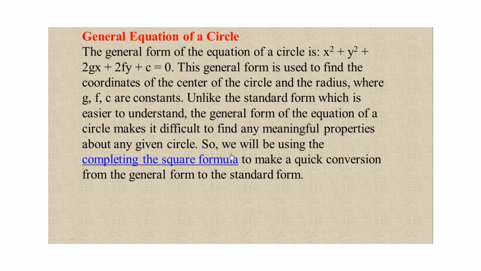Here is the form of the general equation: x squared plus y squared plus 2gx plus 2fy plus c equals 0. To get the center and radius, we should convert this general equation to a standard equation using completing the square.